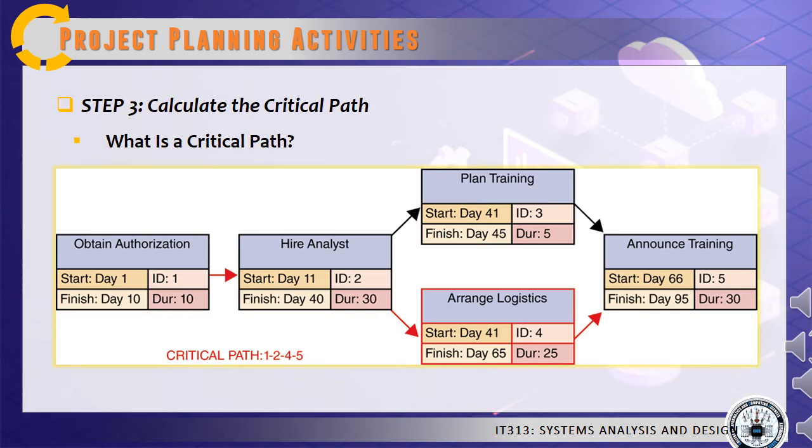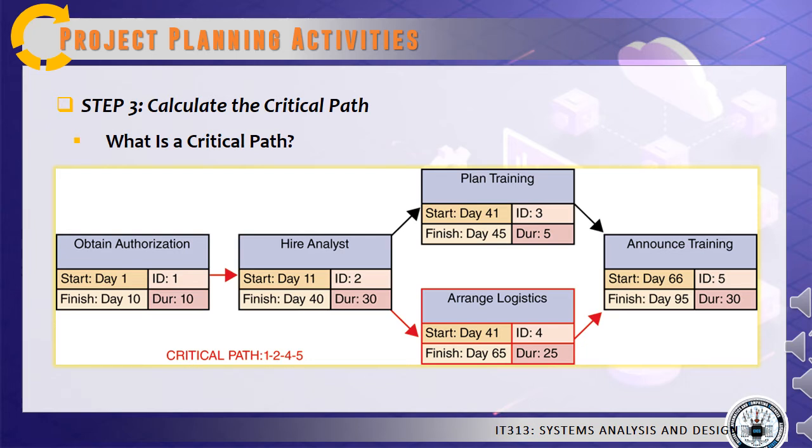The task pattern in this example is that task 1 is followed by task 2, which is a dependent task. Task 2 has 2 successor tasks, which are task 3 and task 4. Tasks 3 and 4 are predecessor tasks for task 5.